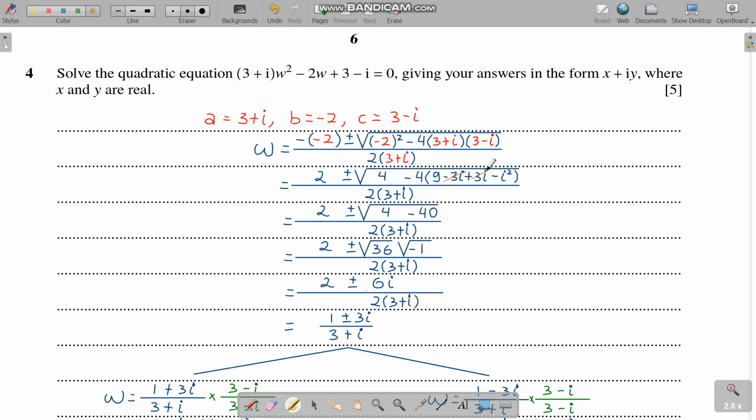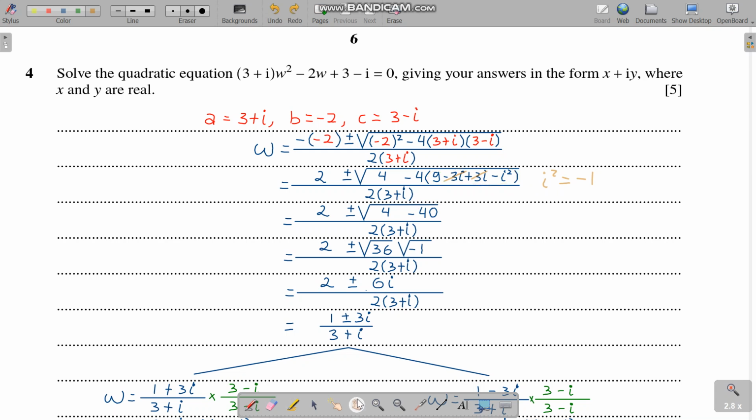Here they cancel out, so you get only 9 − i². Remember, i² is actually −1, so we have minus −1, which is +1. 9 + 1 is 10. 10 times 4 is 40.